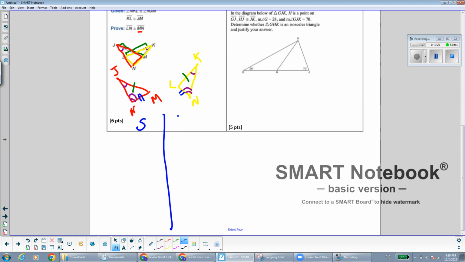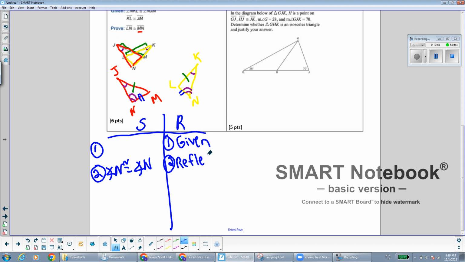Statements, reasons, our givens. I'm not going to write that, save some time. But from our givens, this side and this angle were given. Then we just need to mention the shared angle that we were using for AAS, and that's by the reflexive postulate.